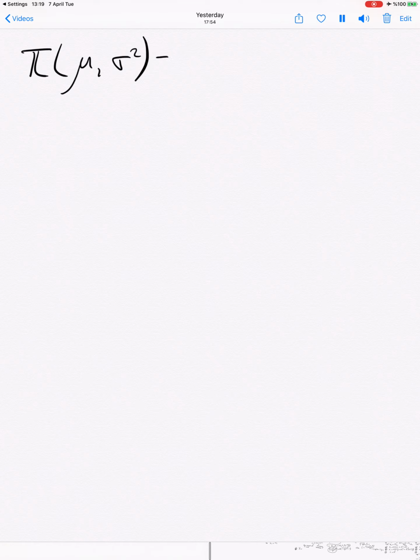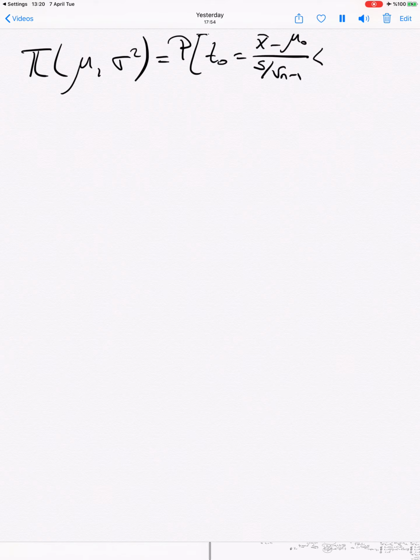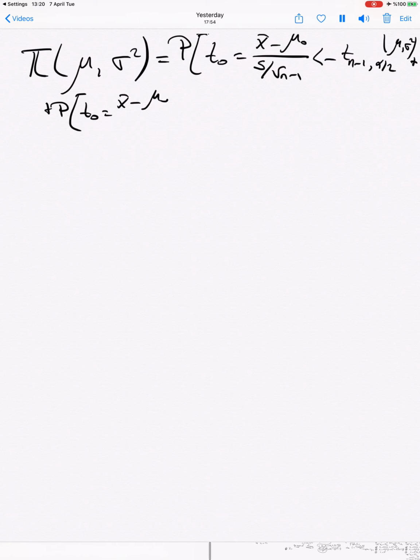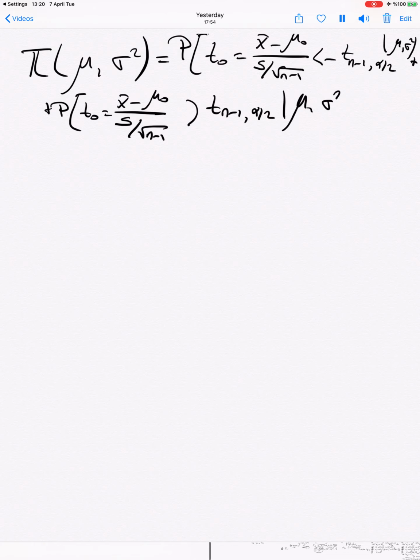In that, we are using the rejection procedure that we have, which is T0, which is x bar minus mu 0, divided by s over square root of n minus 1, less than t n minus 1 alpha over 2, given mu and sigma square, plus we have the reverse, where T0 is greater than t n minus 1 alpha over 2, given mu and sigma square.